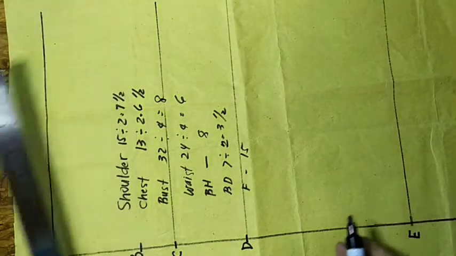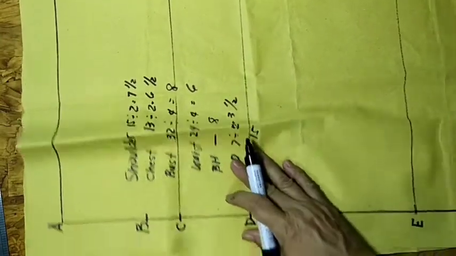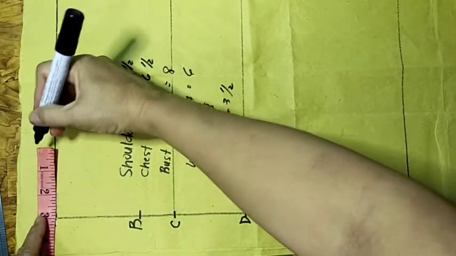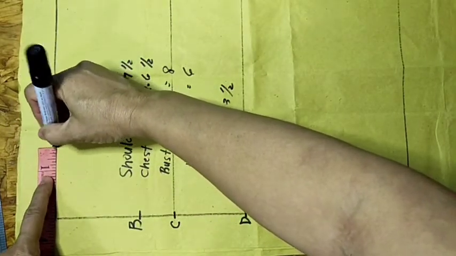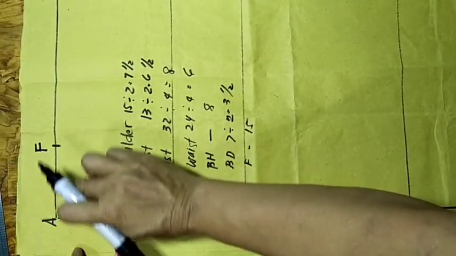Next procedure, AF. Sa taas na tayo ngayon. From A, going to the right, measure 3 inches, and this is point F. This is the width of your neck.